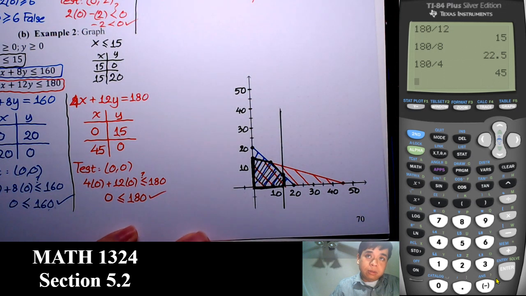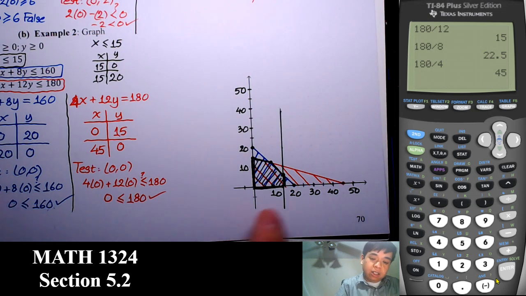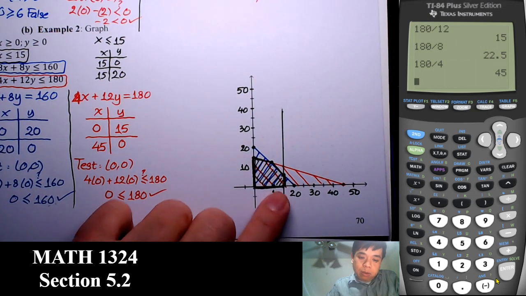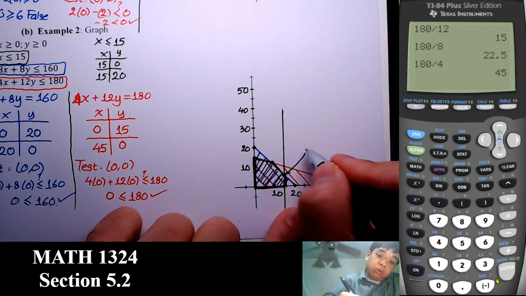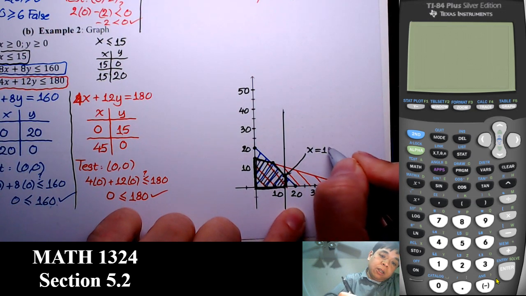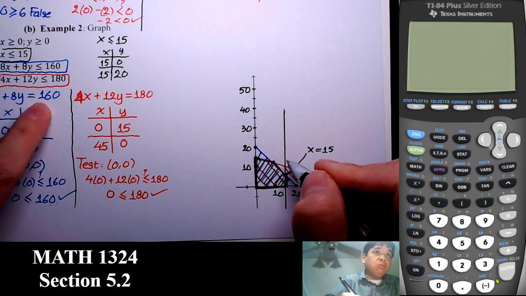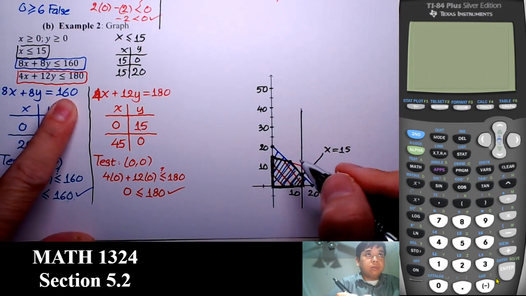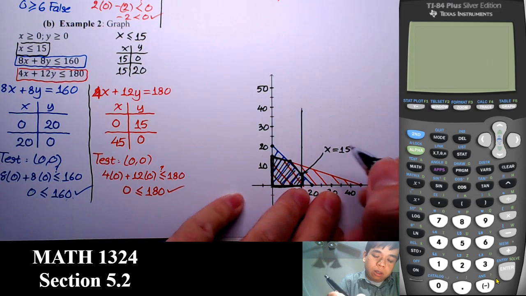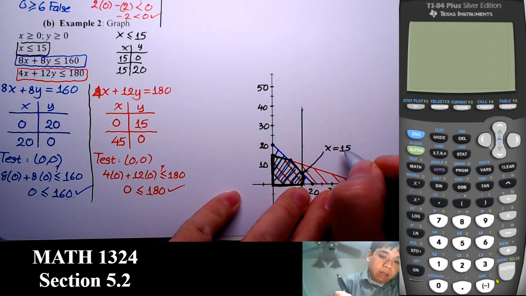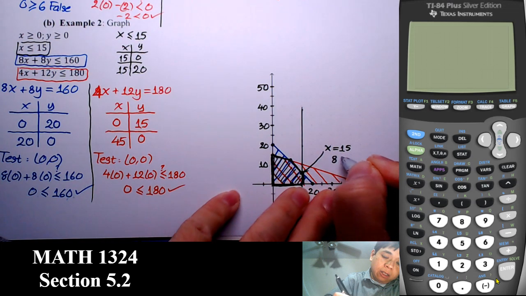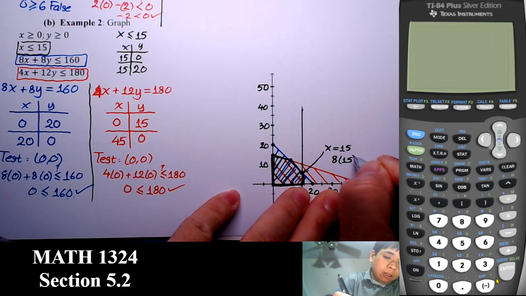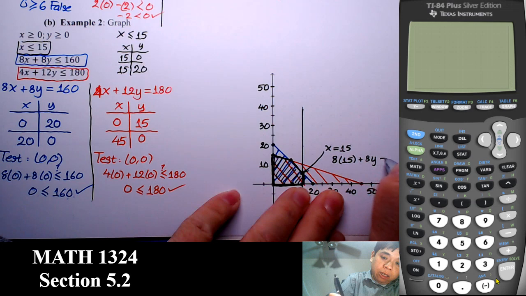Right. Now we do need to find the intersection here and here. Now this intersection is easy because we know that it belongs to the vertical line of x equal to 15, and it is the intersection with this equation. So we put 15 in that: 8 times 15 plus 6y equal to 160.